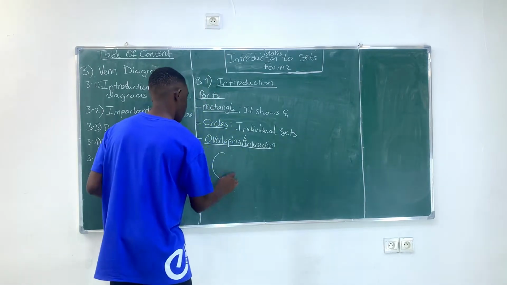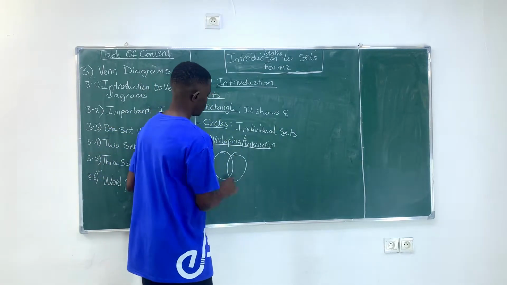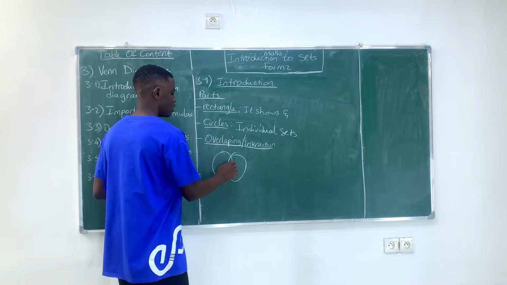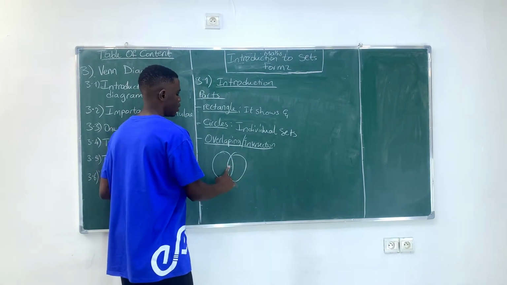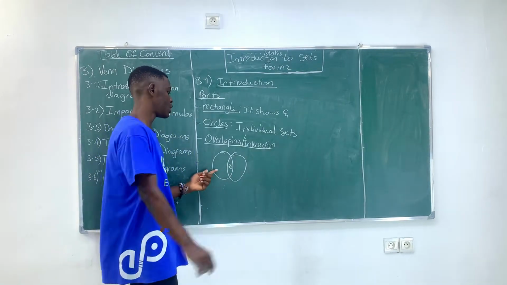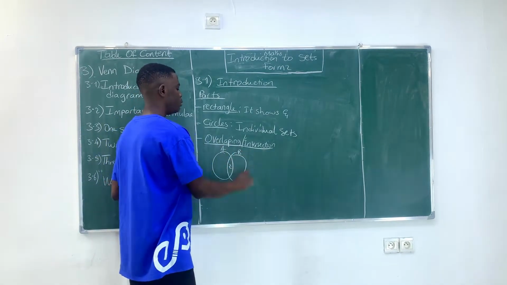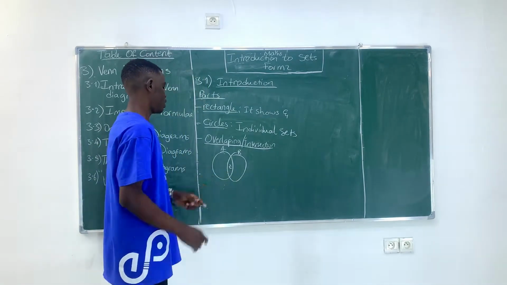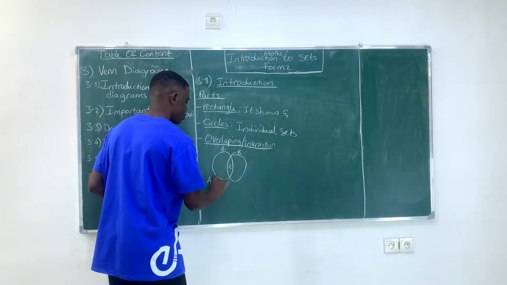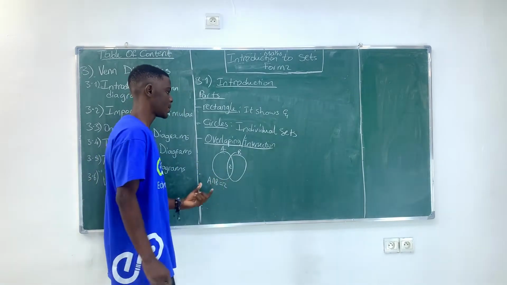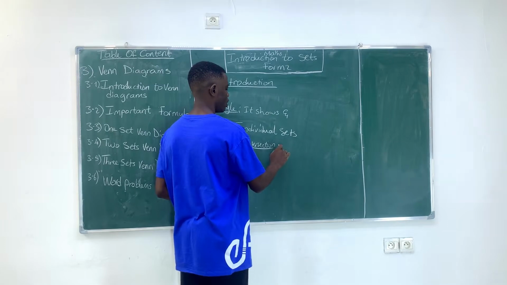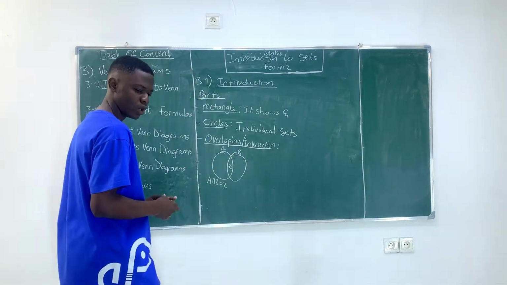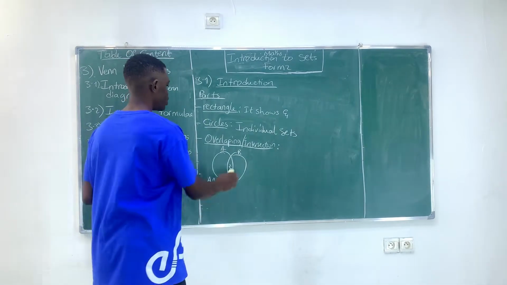For example, here we have the overlapping. Here it's called the overlapping or the intersection. If you put 2 here, 2 is common to set A and set B. Here it shows A intersection B.